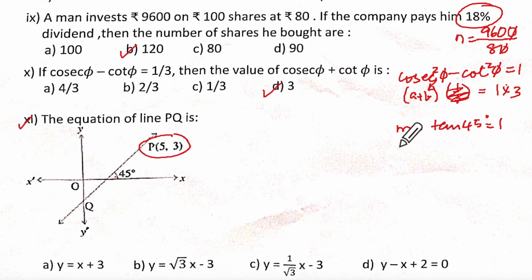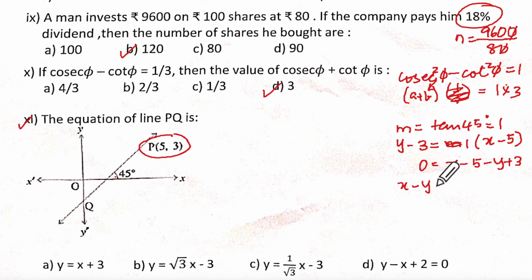So y minus y1, which means y minus 3, is equal to m, which means 1, into x minus x1, which means x minus 5. So we have x minus 5 minus y plus 3 equal to 0. So x minus y minus 2 equal to 0.